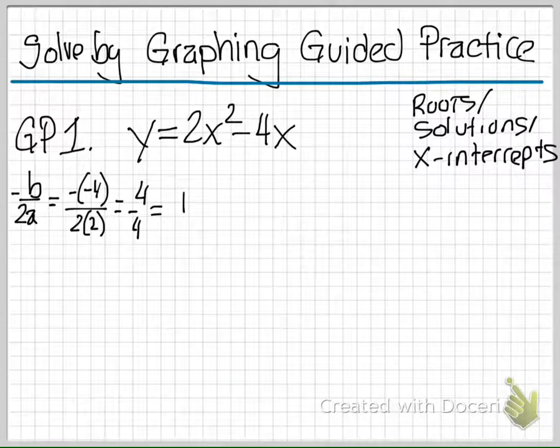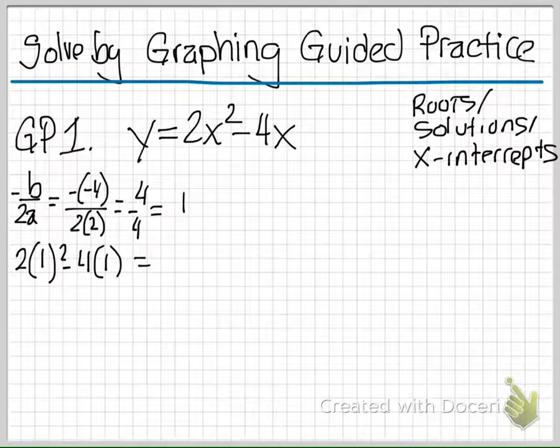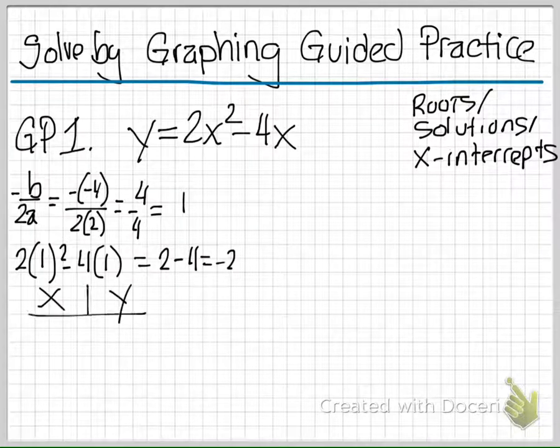Take that x value and plug it into your original equation. Everywhere you see x, put a 1. 1 squared times 2 is 2, minus 4 gives me negative 2. Now that gives me the x and y of my vertex. That's y is negative 2 when x is 1.